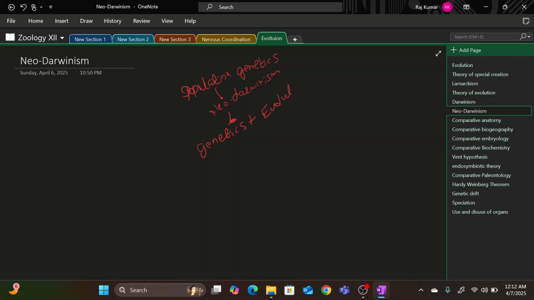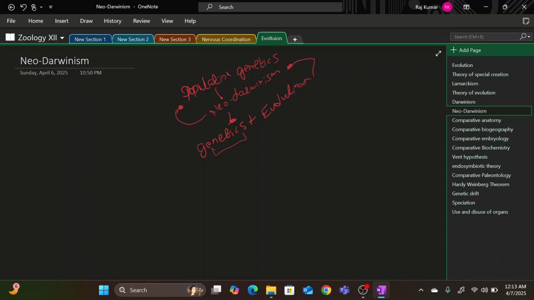When genetics and evolution are studied together, this is known as neo-Darwinism, and that is studied under the subject of population genetics. Genetics was proposed by Mendel, and evolution was proposed by Darwin.